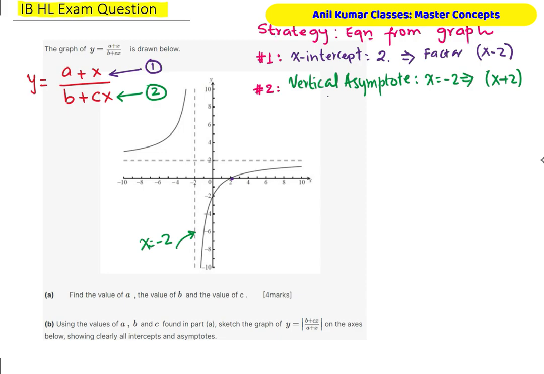The third thing you need to figure out is the horizontal asymptote. Let me choose another ink here. The horizontal asymptote is at y equals 2, so that means we have a factor here.